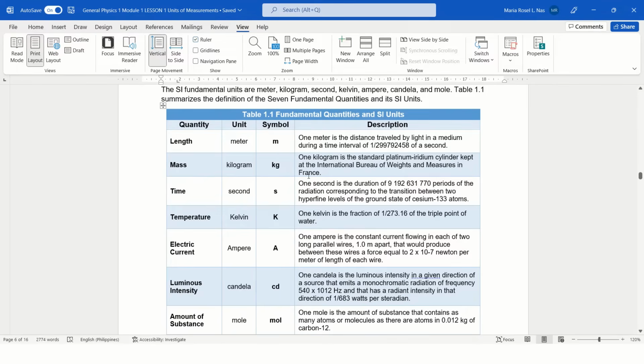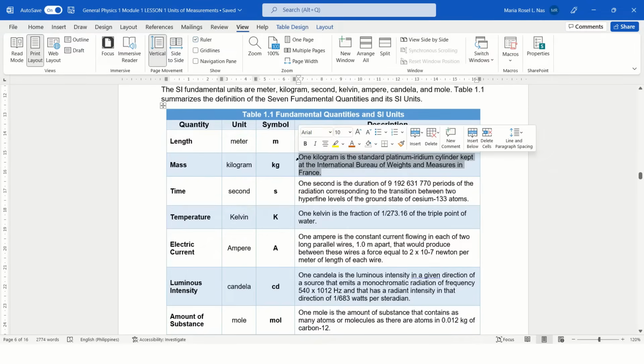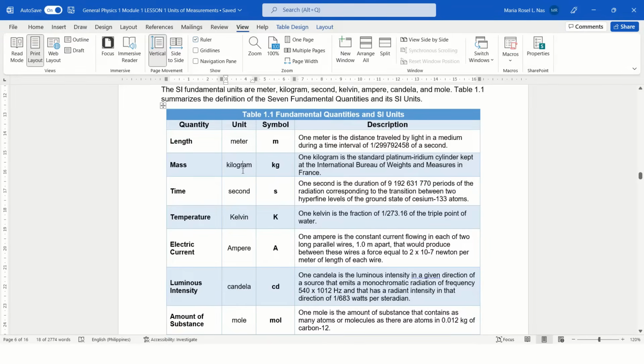Another example: 1 kilogram is the standard platinum iridium cylinder kept at the International Bureau of Weights and Measures in France. If you read this definition, what is 1 kilogram? You cannot really understand it. This is the way they obtained 1 kilogram in real life.